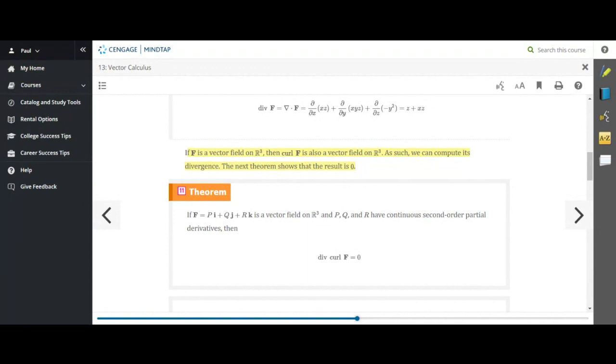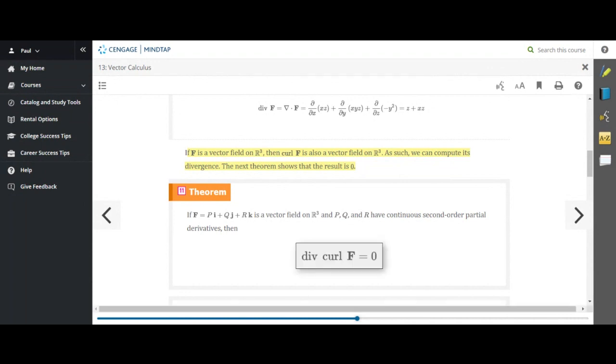But the divergence of the curl is equal to 0. So the divergence of the vector field defined by the curl is equal to 0. Okay, so let's show why that's true. Let's see why this theorem is true.